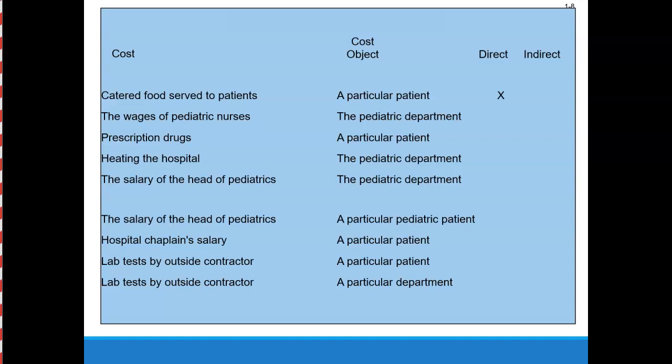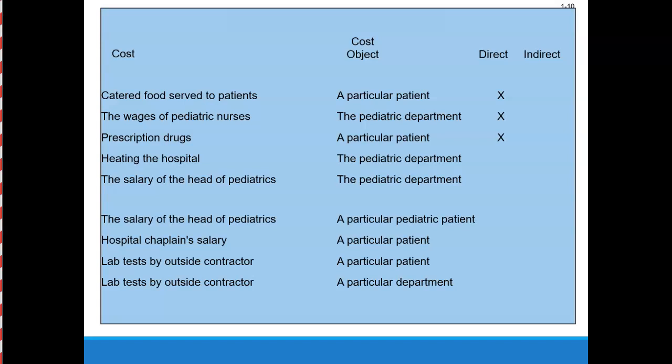Yeah, we can see what food's going to that patient, can't we? If the cost object now is the pediatric department of the hospital, the wages of the pediatric nurses, is that a direct cost to that department? Yeah, you can identify, here are the 5 nurses, here they're in this department, direct. Prescription drugs for a particular patient. Can you assign it directly? Yes, you can, can't you?